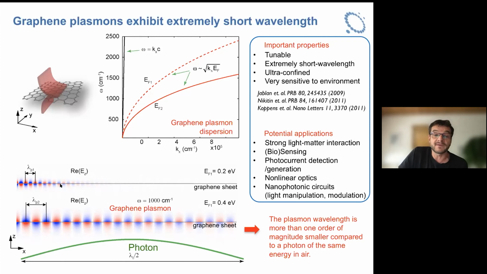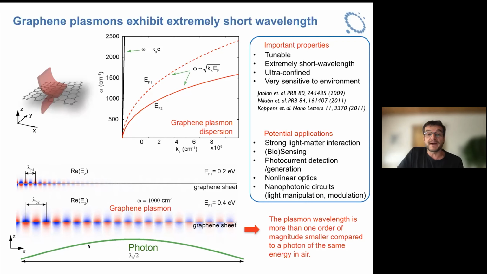These waves have an extreme confinement, meaning that they have extremely short wavelengths and extend perpendicular to the graphene sheet. If you compare that to the photon shown here schematically, the polariton wavelength is only half the photon wavelength.